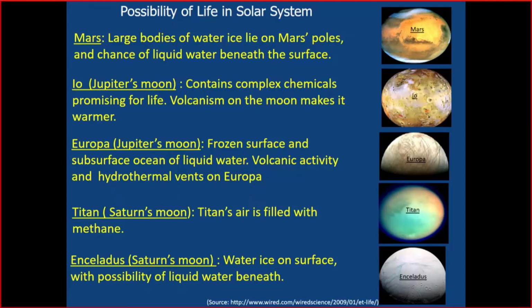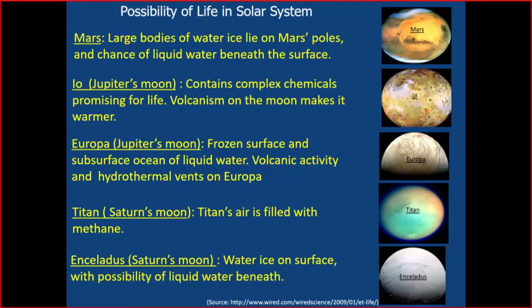Generally it is said that Mars is one of the important places where life could exist, if not on the surface, then in subsurface processes. Io, Jupiter's moon, is also supposed to have complex chemistry promising for life. Europa, another of Jupiter's moons, although it has a frozen surface, is supposed to have chances of having life.